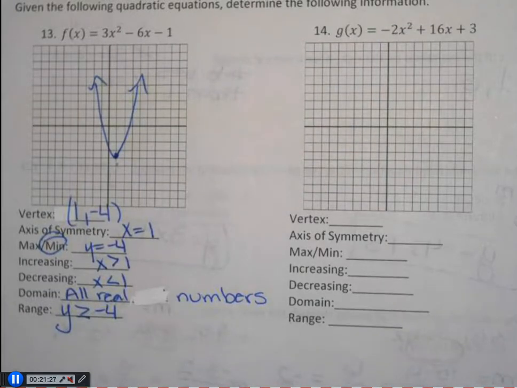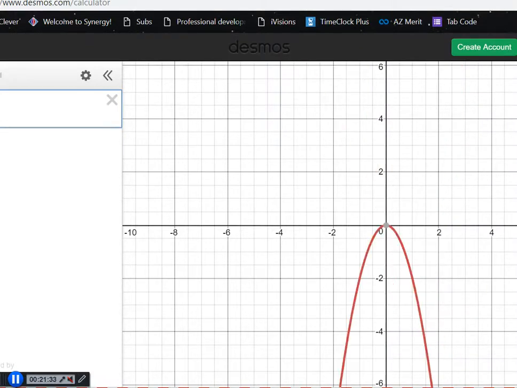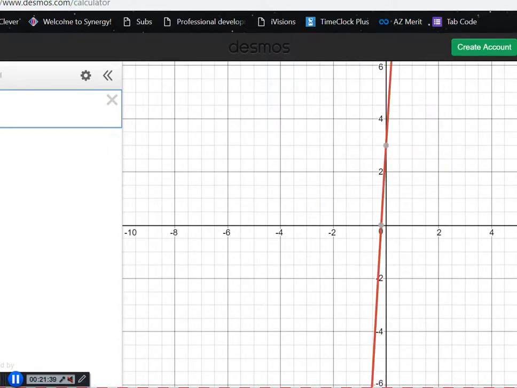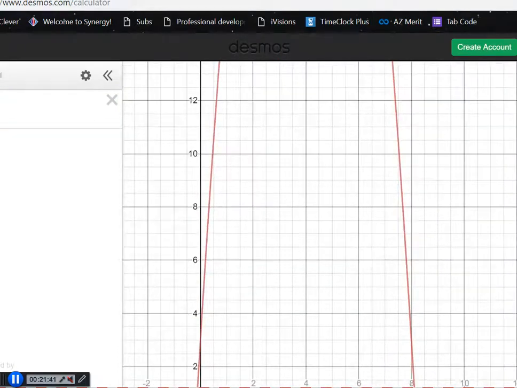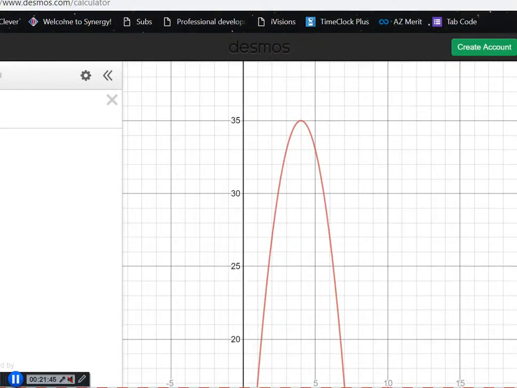Okay, so I'm going to go graph number 14. Ooh, this one's way off. Okay, so my vertex here is (4, 35).